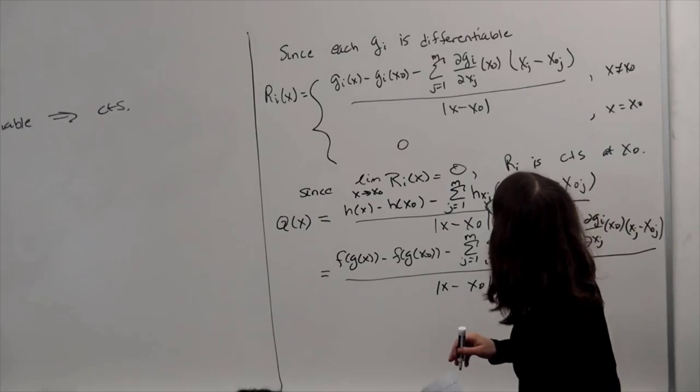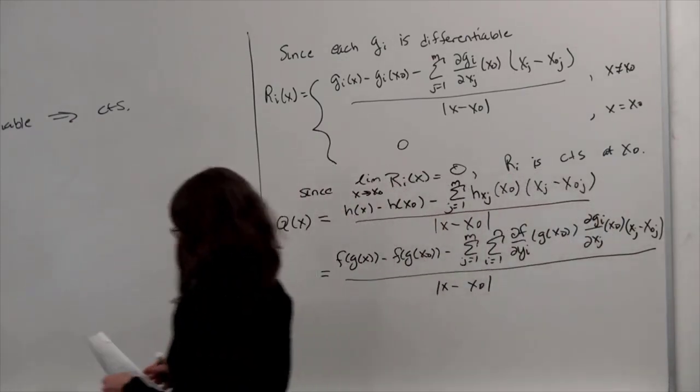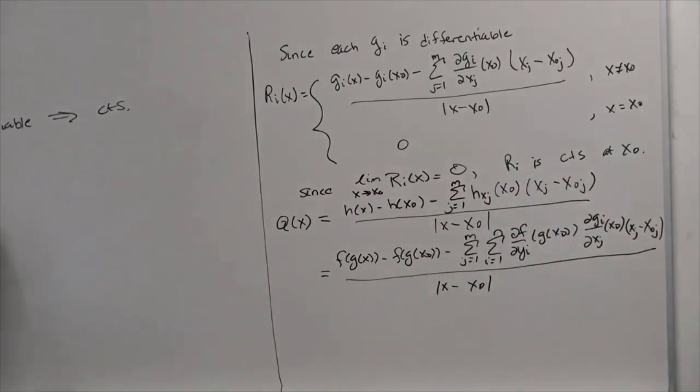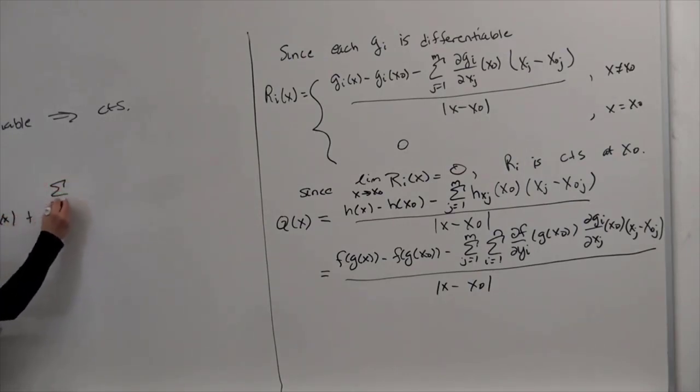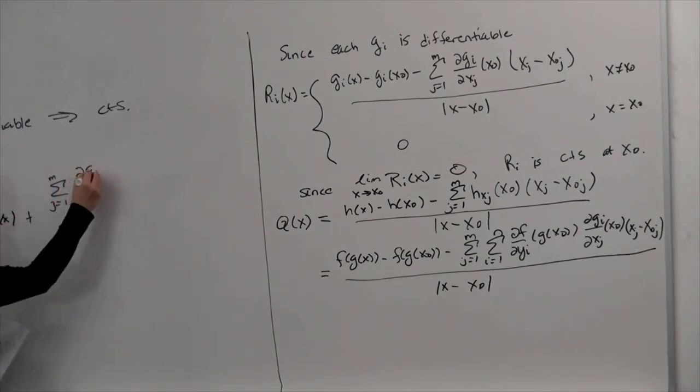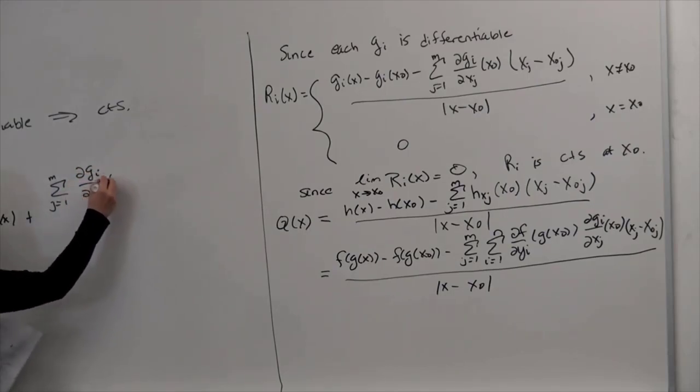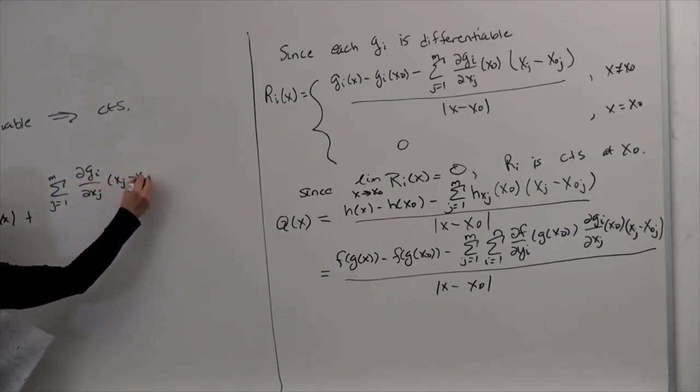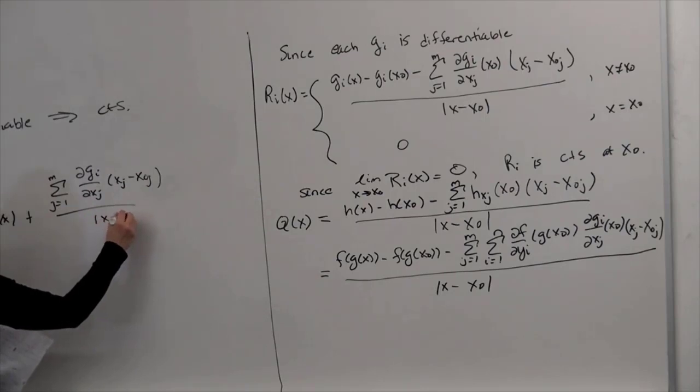Okay, so I'm going to solve for the piece that I need, and I'm going to get that that is equal to Ri of x plus the sum of these partial derivatives divided by the size of x minus x naught.